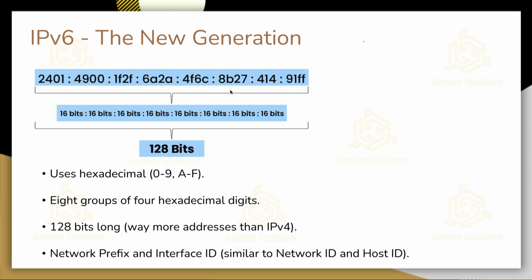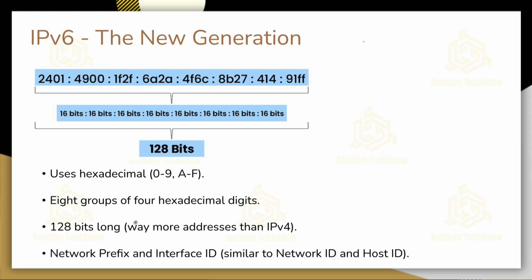Alright, let's move on to IPv6, the new generation of IP addresses. As you can see, IPv6 addresses look quite different. First, they use hexadecimal numbers, which means they include not just 0 to 9, but also the letters A through F. Second, they are divided into 8 groups separated by colons, and each group has 4 hexadecimal digits.